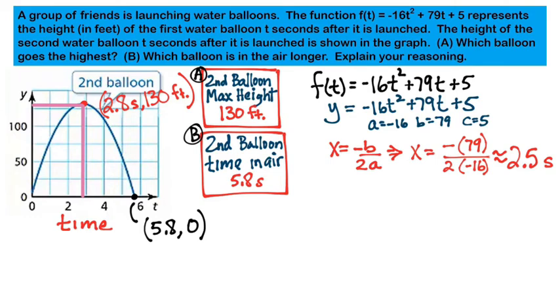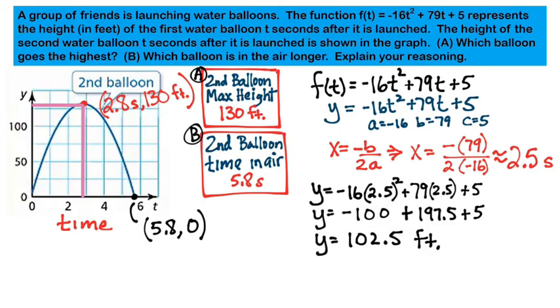Now to find the y-coordinate of my vertex, which will tell us our maximum height, I'm going to put my A value, my B value, my C value, and my X value into the function, and I'm going to solve for y. So negative 16 times 2.5 to the second power came out to negative 100. 79 times 2.5 came out to 197.5, and my C value is 5.